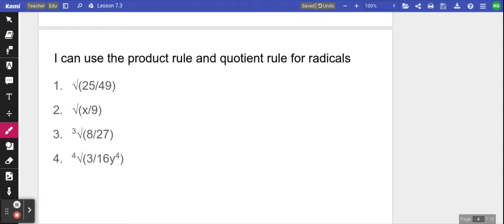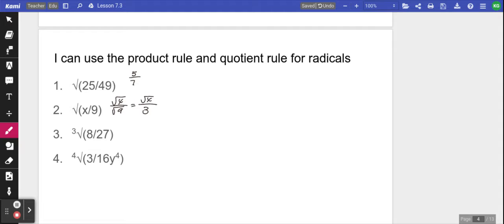On the quotient rule, we have the square root of 25 and the square root of 49, which are both perfect squares. 25 comes out as 5 and 49 comes out as 7. The next one, we have the square root of x over the square root of 9. We cannot square root x, but 9 can come out as 3.